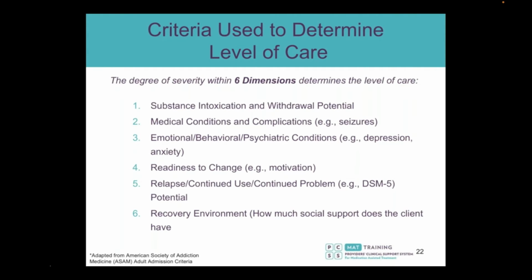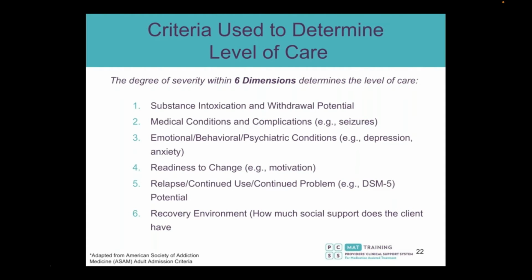It is important to take into account their relapse potential, but for providers doing buprenorphine maintenance, we understand that the single best thing we can do to help people from relapsing to opioids is to provide agonist maintenance treatment like buprenorphine. And their recovery environment.